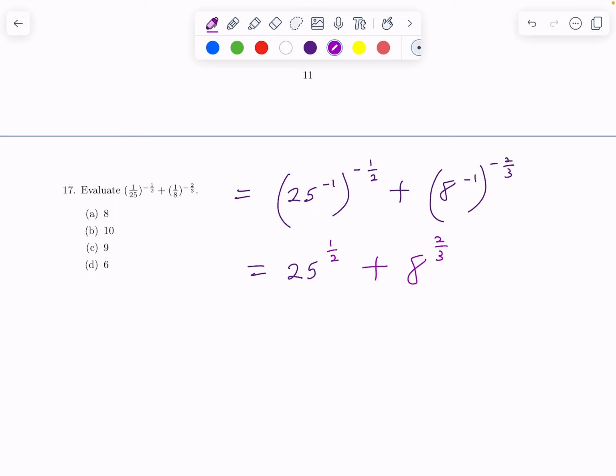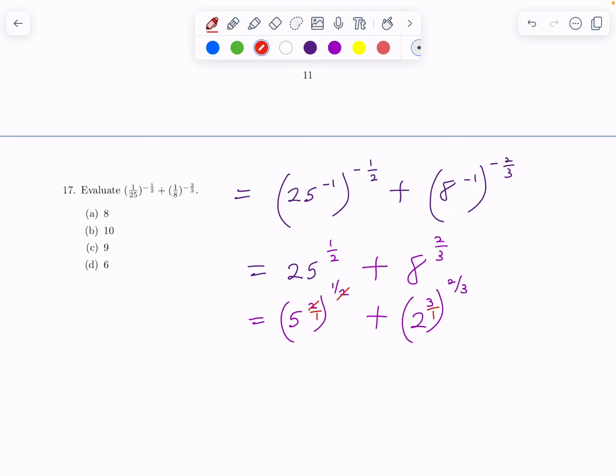I can rewrite 25 as 5 squared, to the power of 1 over 2, and I can rewrite 8 as 2 cubed, to the power of 2 over 3. Now this 2 here is like 2 over 1, so this 2 here can cancel this 2 here.